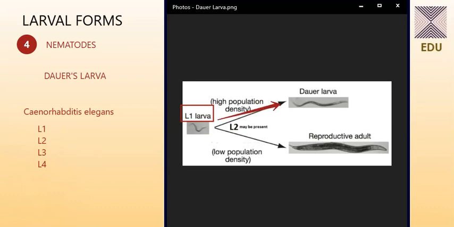It will not be forming the L2 stage or L3 stage. No, it will be forming the dauer larval stage to cope with the harsh conditions or low food availability.